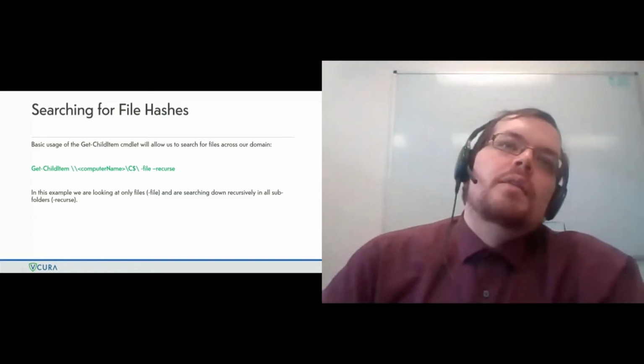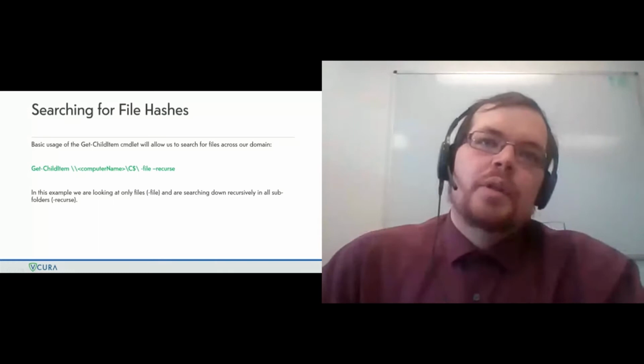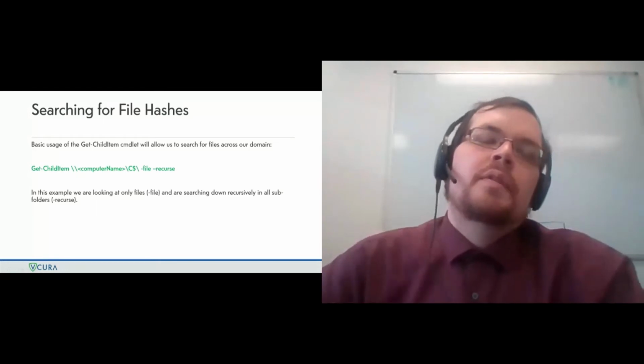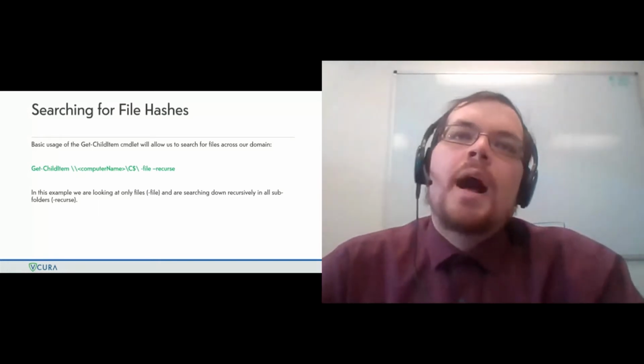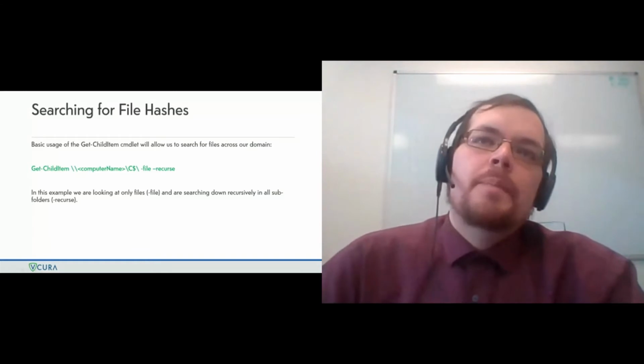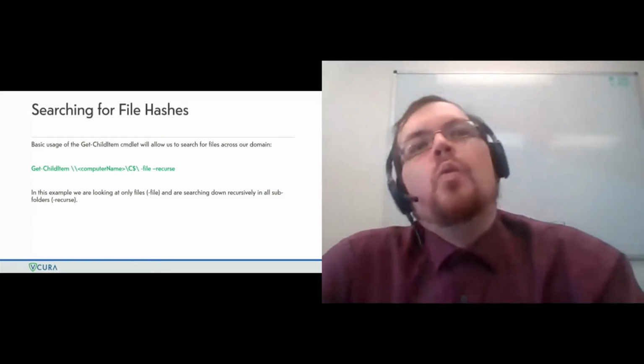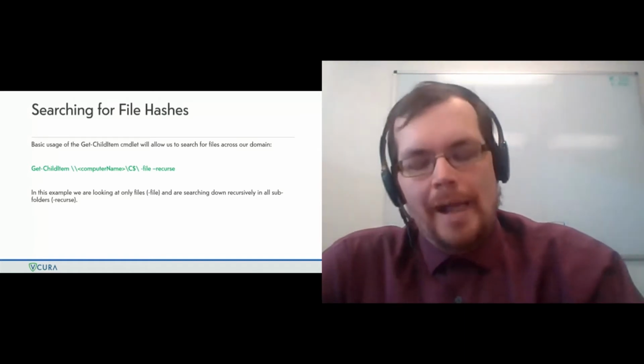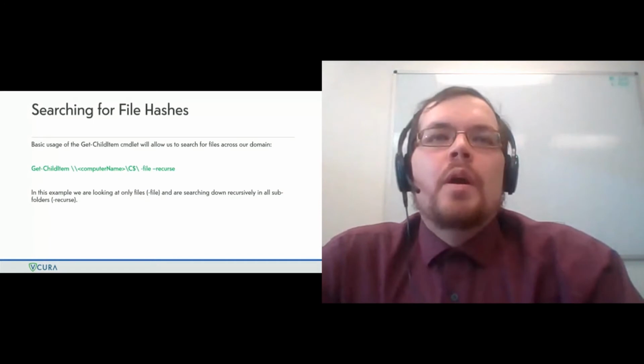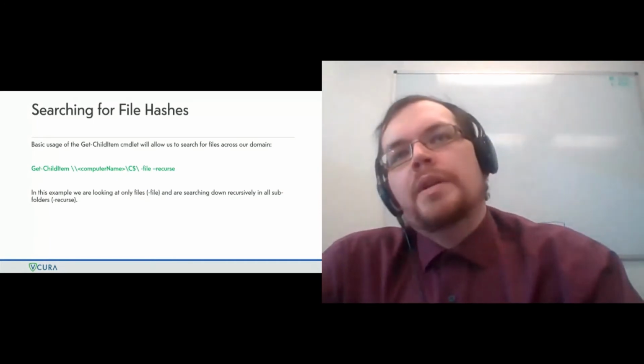This cmdlet has built in that you can reach out to other devices on your network using the syntax here. In the next slide, when we are targeting a specific computer, we're going to be printing out the C drive of that computer.